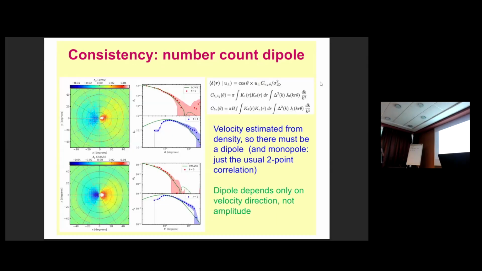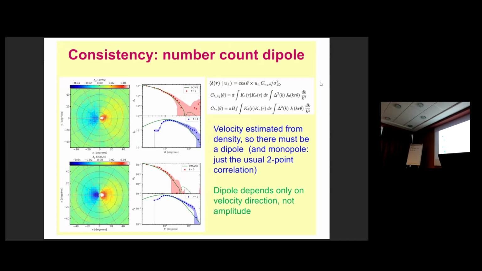Well, okay, here's a warm-up exercise. You should certainly be able to see a dipole around galaxies in the number density of galaxies. And that has to work because it's the number density of galaxies that was used to predict the peculiar velocity. So this is just a consistency test. And this is done twice, actually.